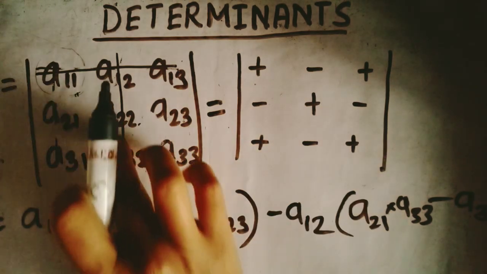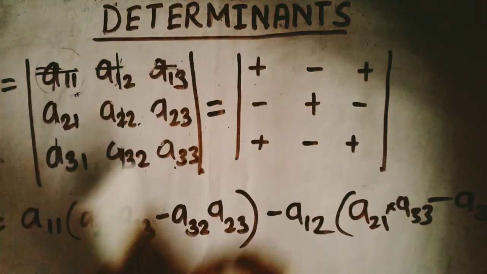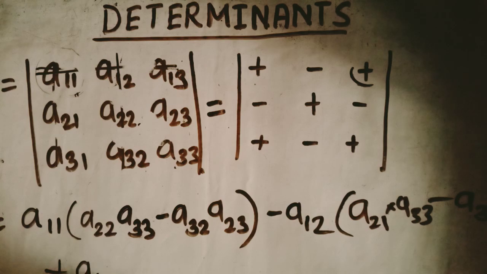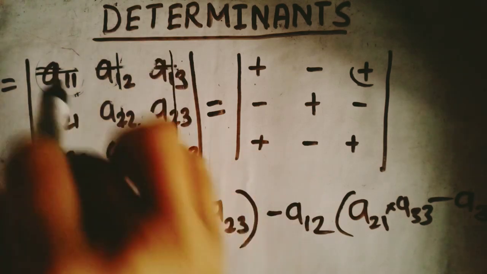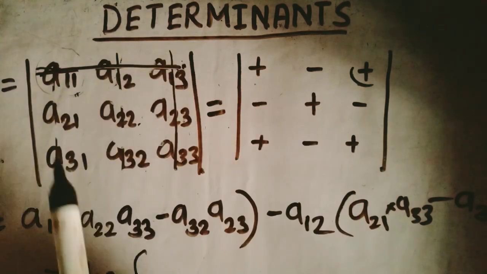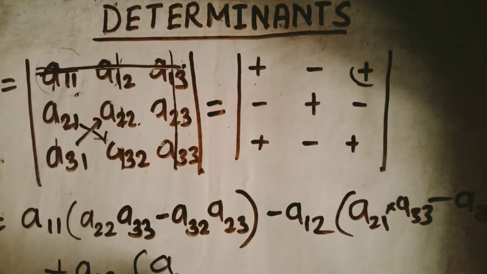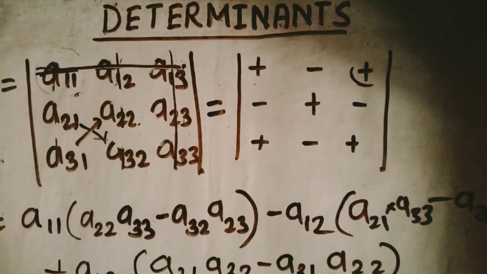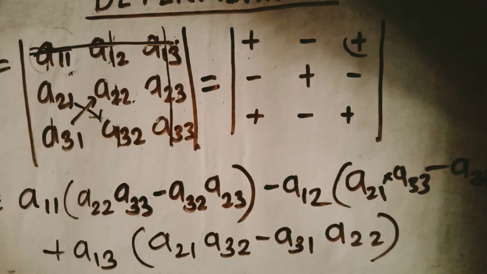The last one we are taking is A13. The sign is plus, so plus A13. Now strike out this column and this row, so these are the elements you take: A21 into A32 minus A31 into A22. So this is your determinant of a 3 by 3 matrix.